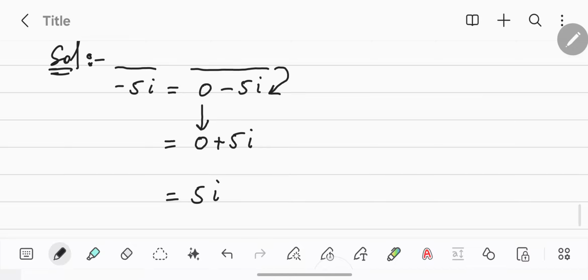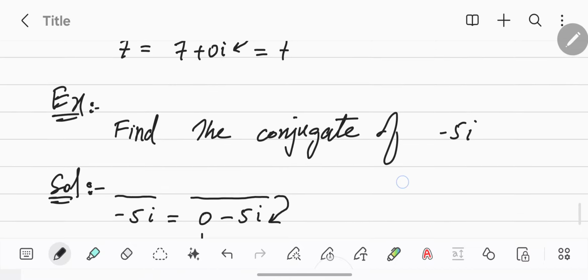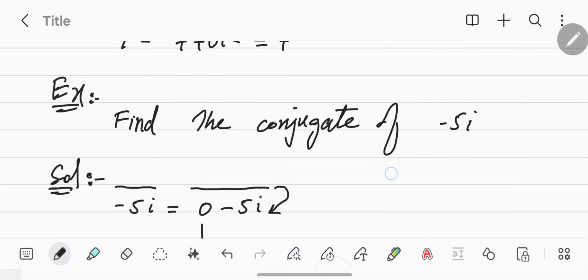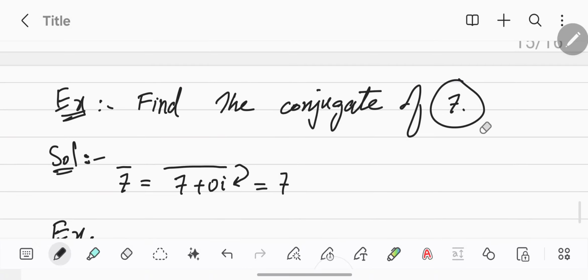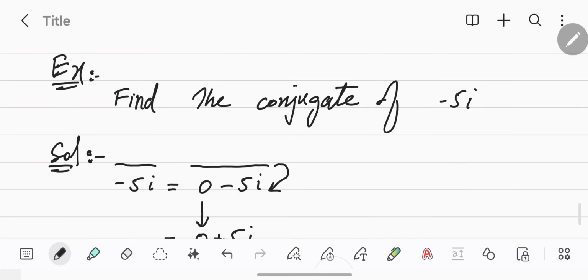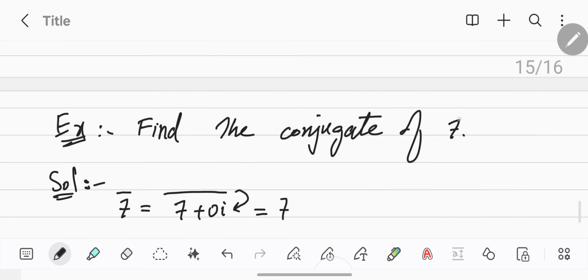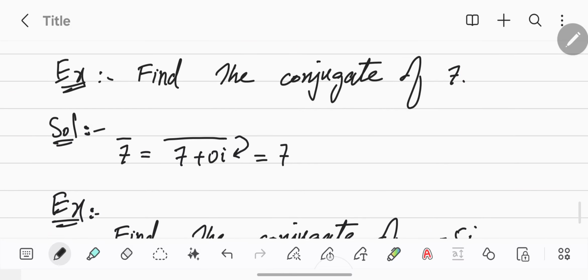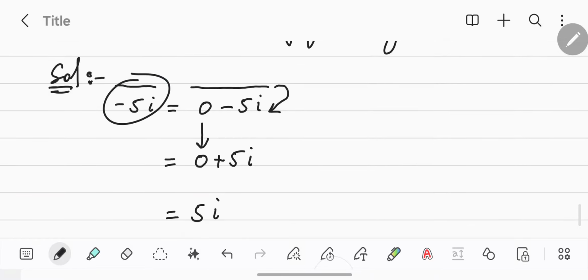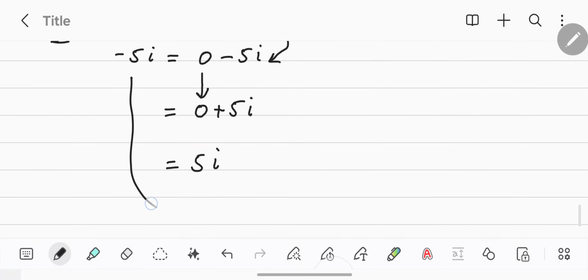So look, in this example, the number was pure imaginary, okay? In the previous example, the number was pure real. If you have a real number, its conjugate is the same. But if you have a pure imaginary number, its conjugate is just the opposite of that number, right?